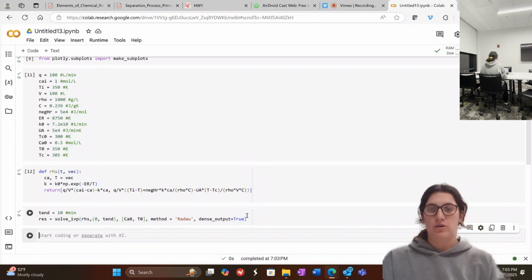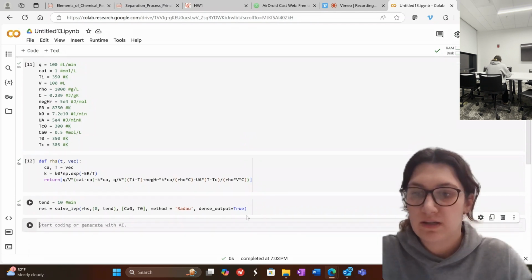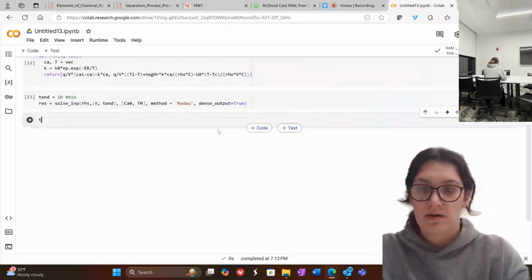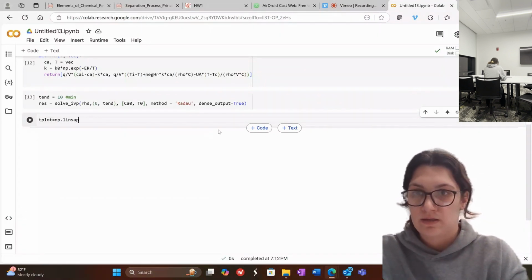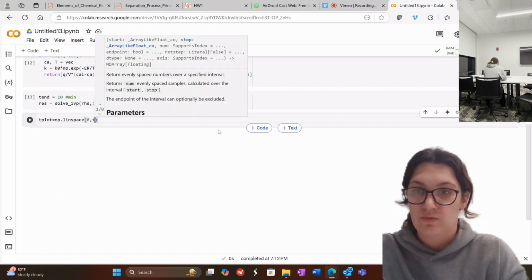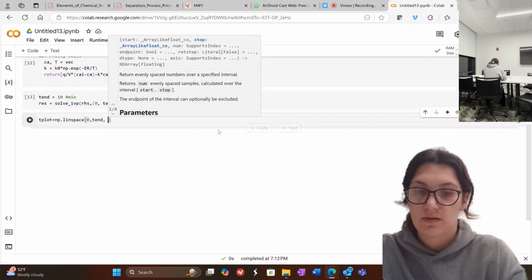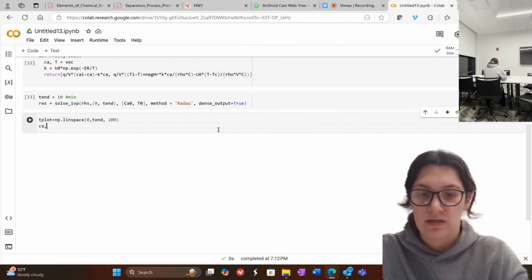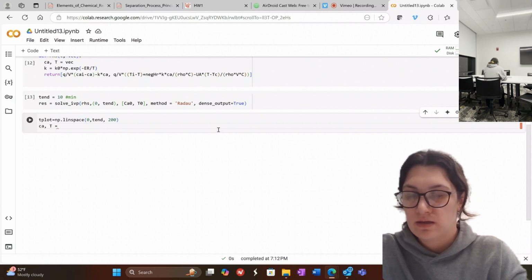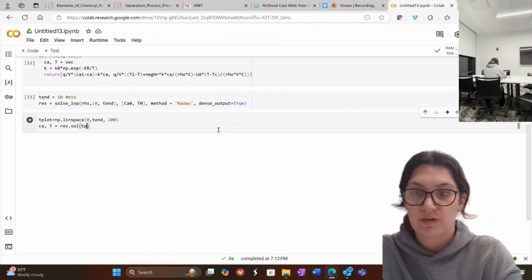Now we are ready to plot this. T plot is equal to np.linspace from 0 to T end and 200. CA equal to res.sol of T plot.